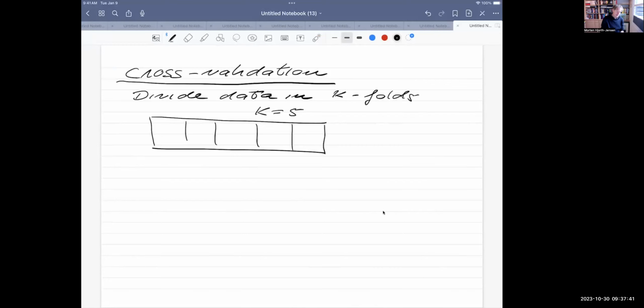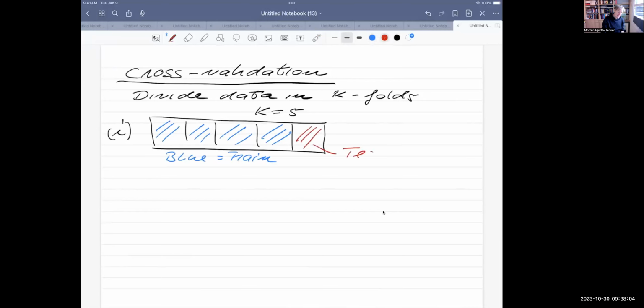And what you would do then, in the first case here, 1, you could now set up, so the blue color here is the train data. So blue is training. And then the red one here is my test data.